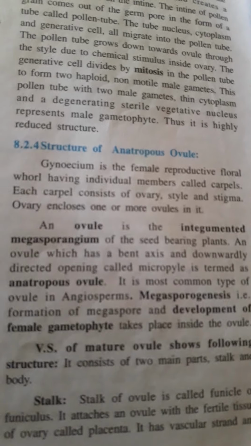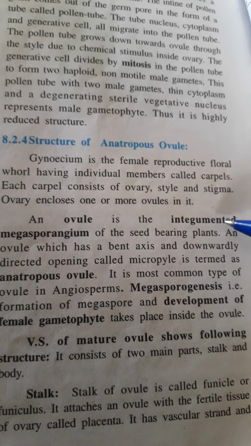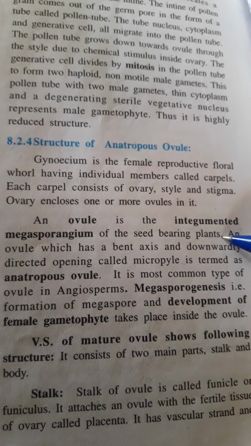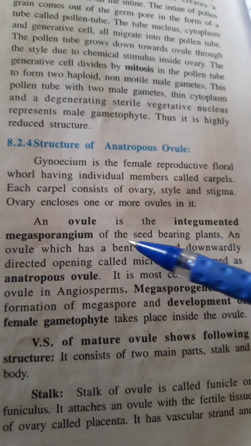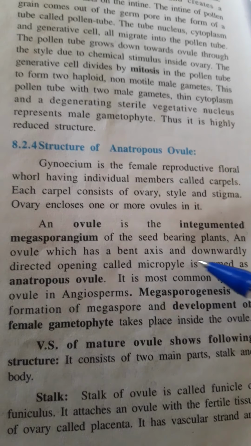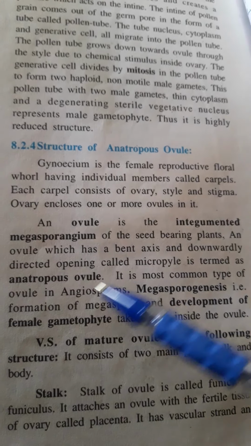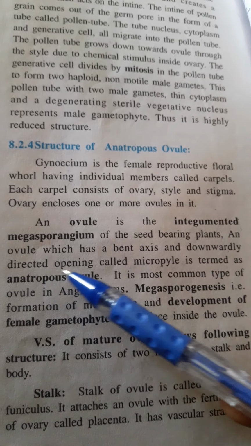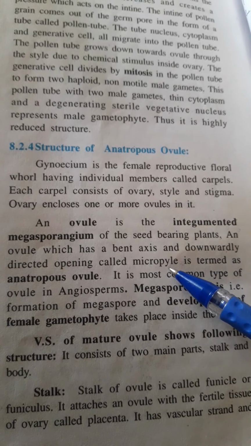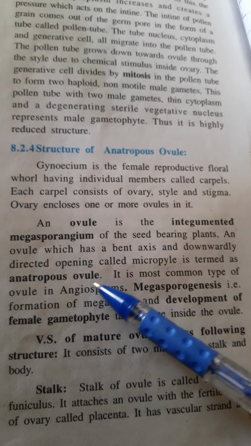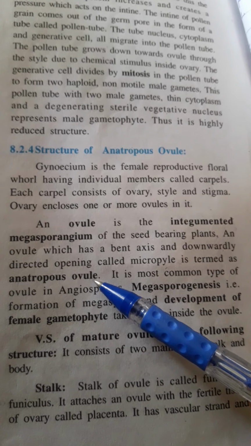An ovule is the integumented megasporangium of the seed-bearing plants. An ovule which has a bent axis and downwardly directing opening called micropyle is termed as Anatropous ovule.